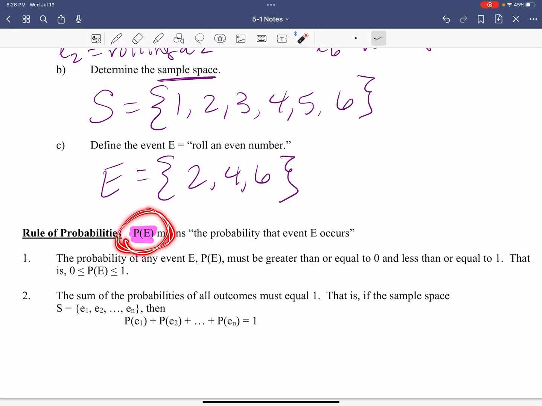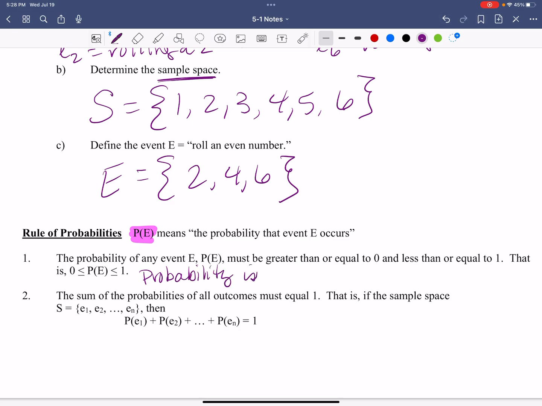This symbol is going to be important, so recognize it. The probability of any event, P of E, must be greater than or equal to 0 and less than or equal to 1. This is what you need to know from this. Probability, learn how to spell. That's step 1, right?